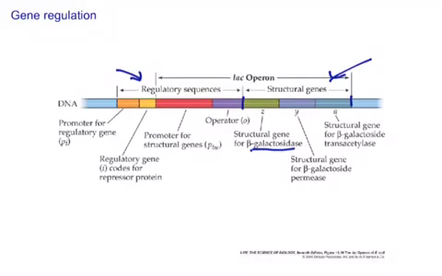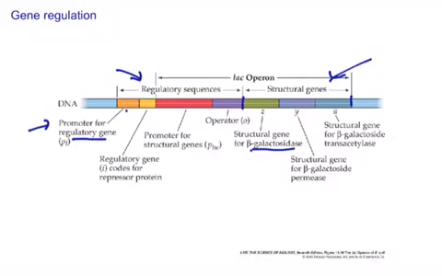Of the regulatory sequences, there are such things as a section of the DNA referred to as the promoter. The promoter is a part of the DNA that helps to regulate the production of another protein called a repressor protein. So you have a regulatory gene noted here.